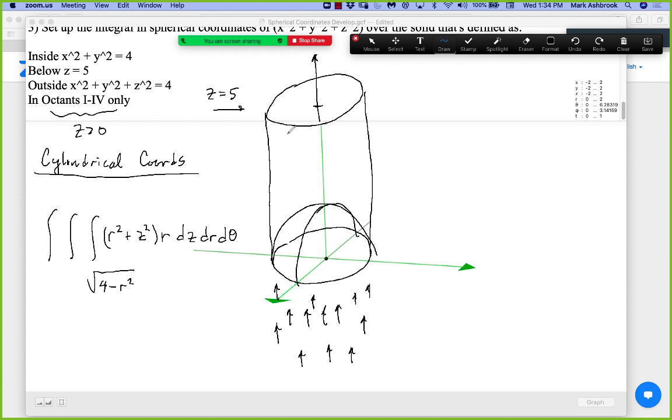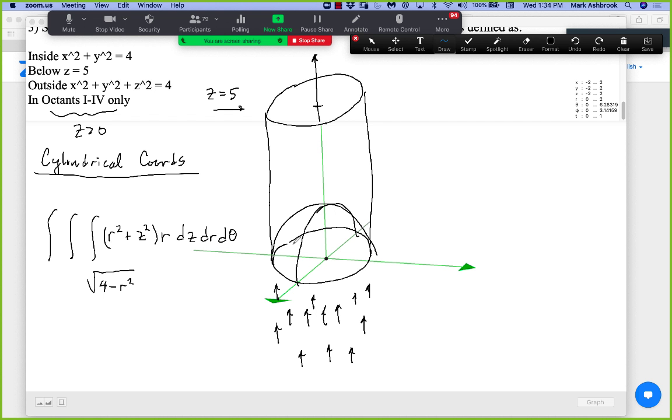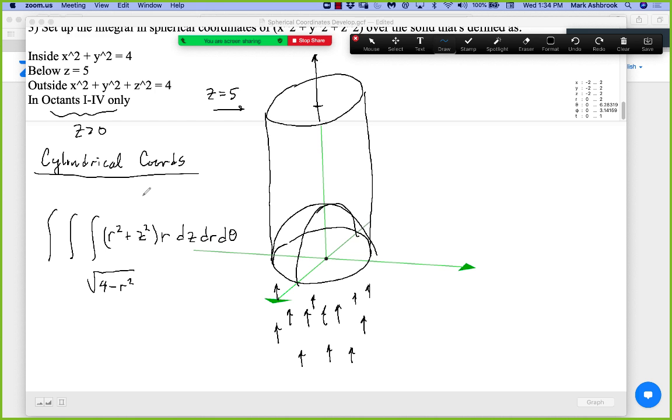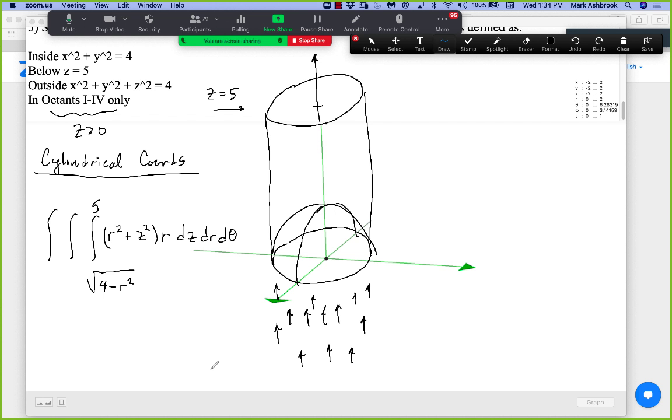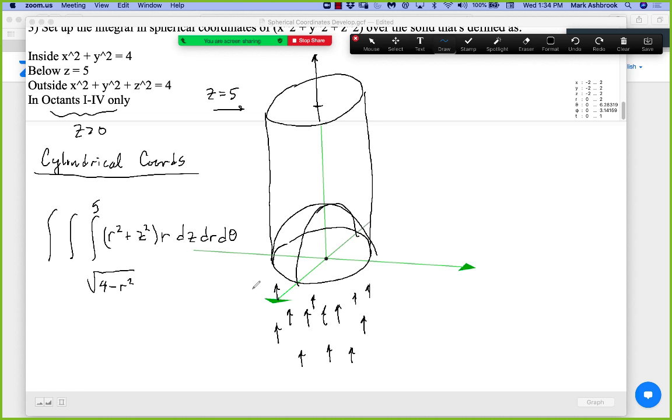And then where do the arrows exit? Z equals 5. Okay, the projection into the xy plane is simply the whole disk of radius 2.